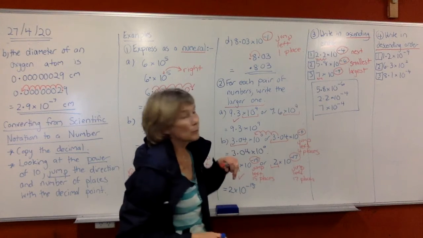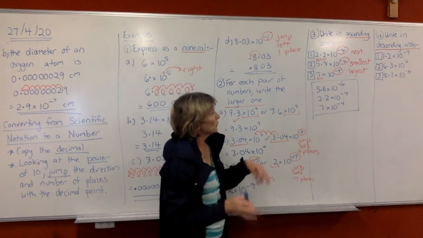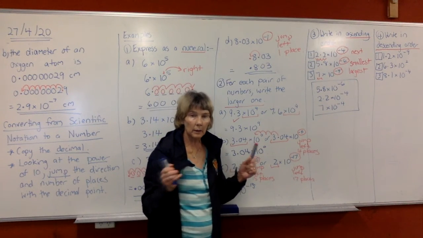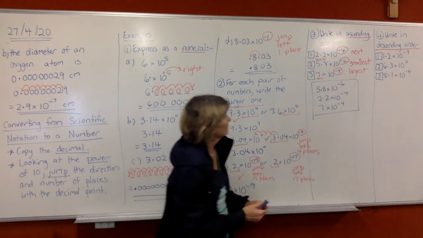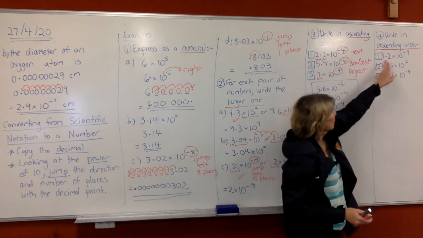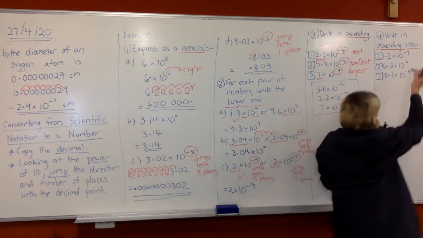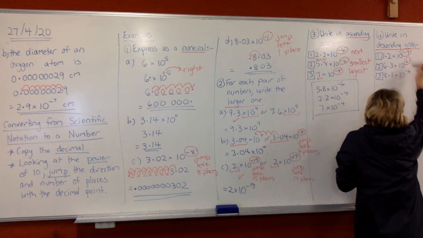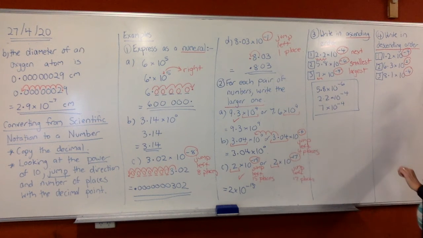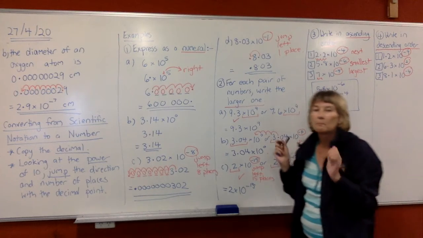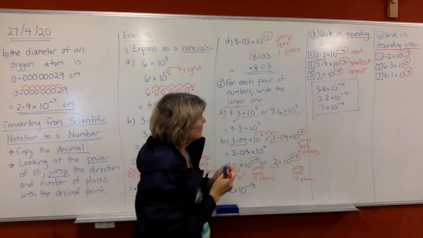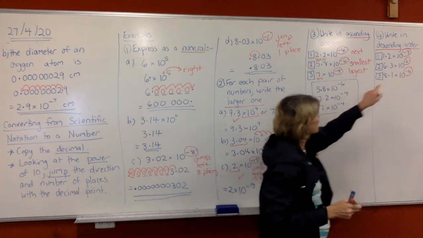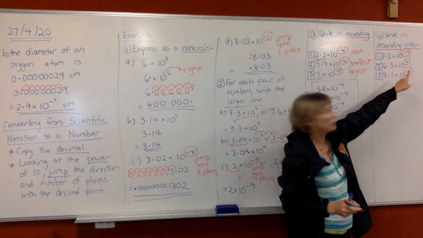And the last question, we're writing in descending order. So we want to start with the biggest one and go down to the smallest one. So again, we're looking at these. Okay, so we're starting with the biggest one. Well, there's only one of these that's taking us to the right, and it's this one.